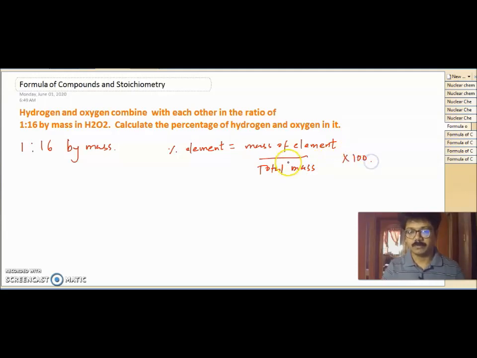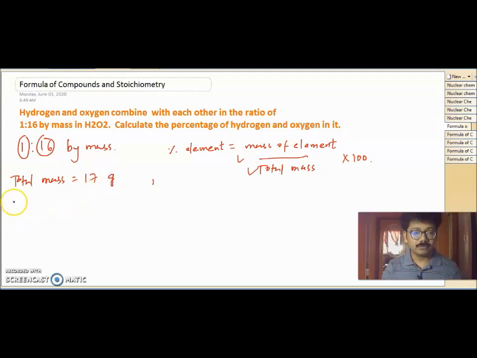So I require the total mass of the compound as well as the mass of the element. Here I am asked to find the percentage of hydrogen as well as oxygen. This is a ratio by mass, and the total mass on the basis of this ratio becomes 17 gram, or 17 unified mass.